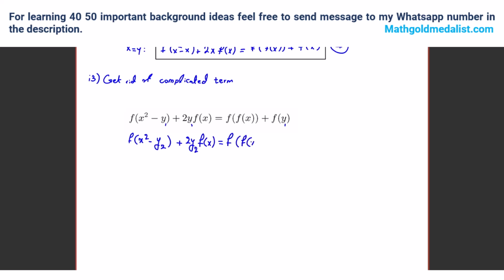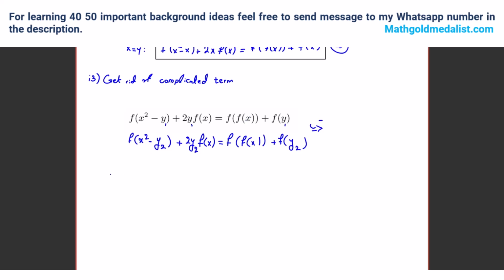Here at the end we can understand that it's not useful, but in the beginning we don't know which of them is useful. So I tried also this one, and if we subtract, these two things will be cancelled.